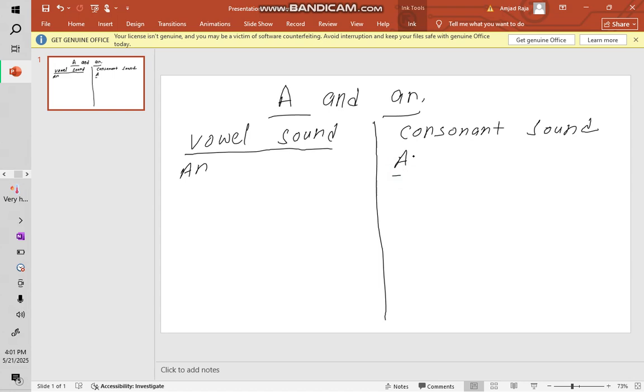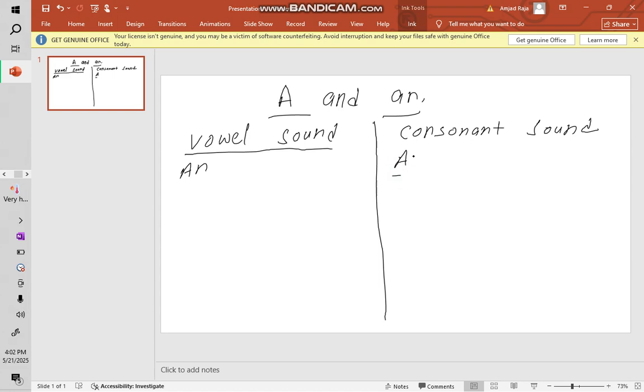But it is very much important to understand which word is starting with vowel sound and which word is starting with consonant sound. Sometimes we will see some words starting with a vowel alphabet, but we are not using an with them. In a similar way, some words start with a consonant alphabet, but we will not use a with them.